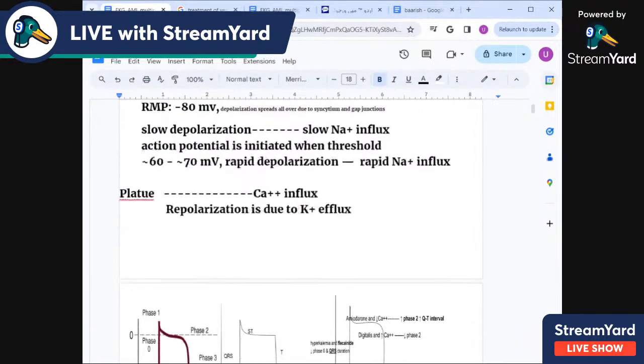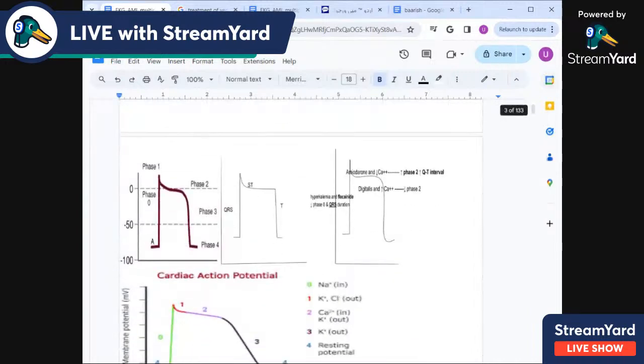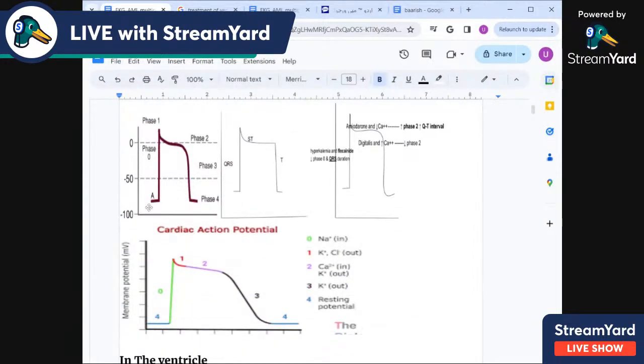Then the impulse spreads to the ventricle. In the ventricular muscles, the resting membrane potential is minus 80 millivolts. And when it reaches minus 50 millivolts, then there is a rapid depolarization. This is phase 0, which corresponds to the QRS of the cardiac cycle, and this lasts for 0.12 seconds.